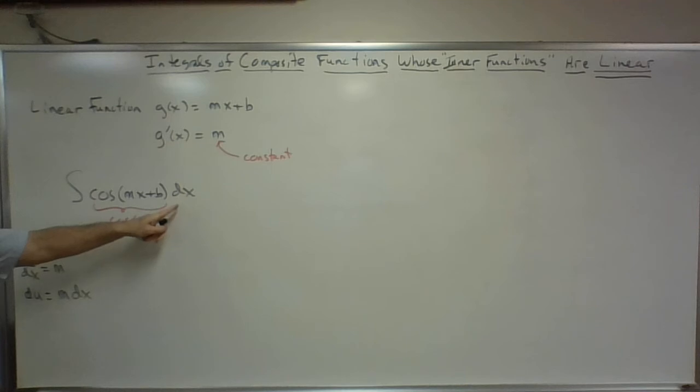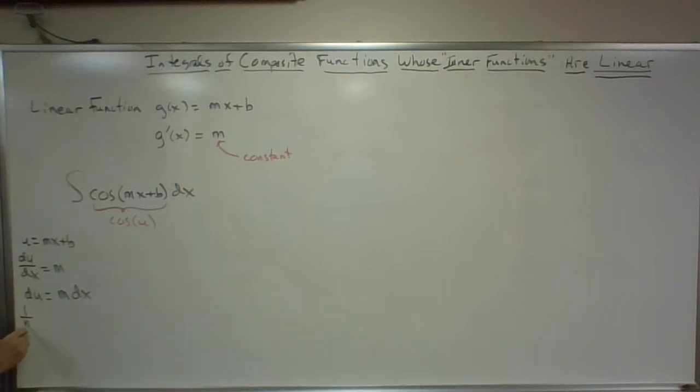We look at the rest of the integral and all we have is dx. So we take this equation and divide by m, or multiply by 1 over m, to get dx. And dx is the same as 1 over m du.